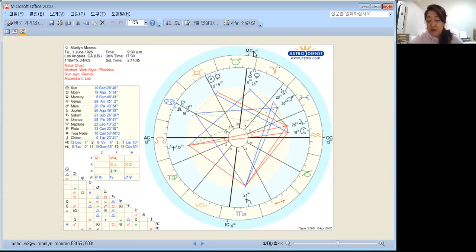Okay, so now we see this thing here, MC. This is your midheaven. This is kind of like the pinnacle of your chart, like the most extreme public point in your chart. So here we've got her Virgo degree, 6th degree here, and midheaven for her in Taurus. Okay, so Virgo and Taurus energy coming together.